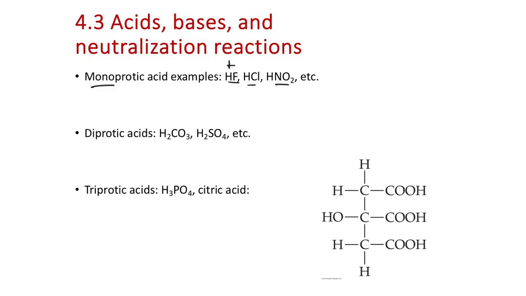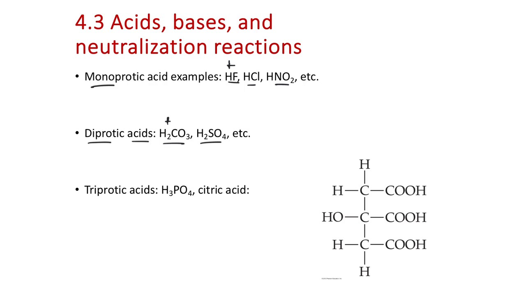So a diprotic acid, again, whether it's a strong acid or a weak acid, we can classify based on how many H plus ions are available to dissociate. We could classify H2CO3, carbonic acid, as a diprotic weak acid because it's not one of the 7 strong. And then H2SO4 is a diprotic strong acid, but again, only for that first hydrogen.